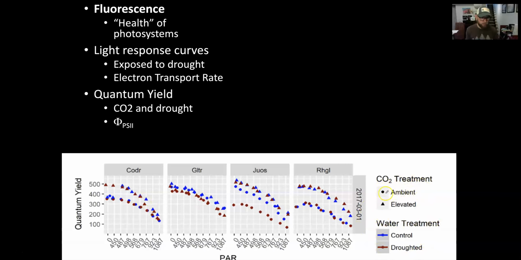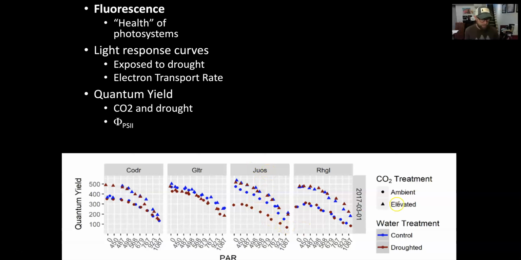Ambient is the circles, and elevated is triangles. In this case, we used the fluorometer to measure quantum yield at different light intensities, the PAR values here. So you can see, I'm going to blank on the names. I can't remember that common name. And this is juniper, Utah juniper. We'll focus on that one.